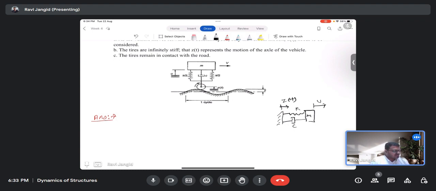That would be m u double dot plus k into (u minus z) plus c into (u dot minus z dot) equal to 0. Did you understand why I consider only the relative terms here, not in the acceleration, not in the mass term? Anyone here?